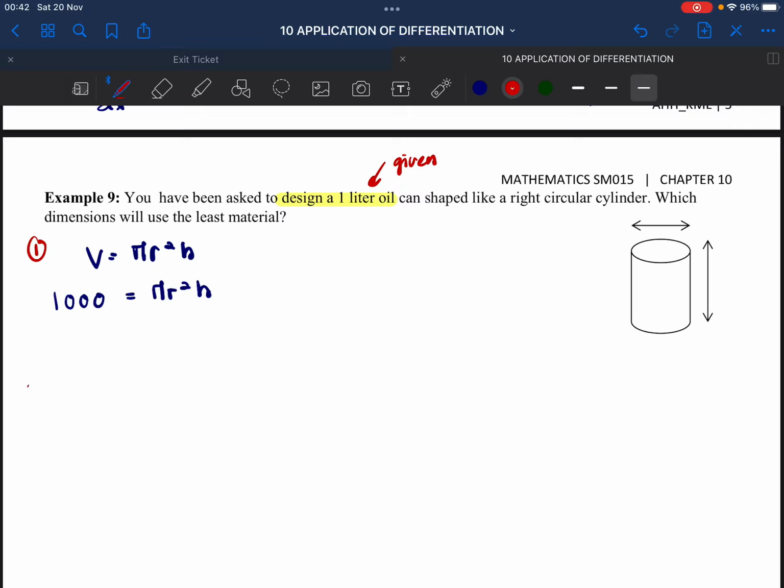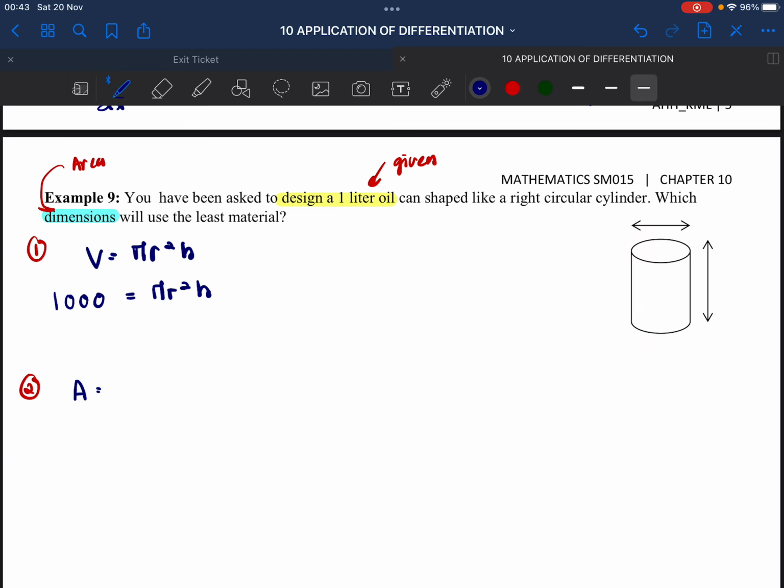So second step is you want to find which dimension will use the least material. So when the question said about dimension, the question wants something about area. So what is the area for our cylinder? Untuk tahu area cylinder, ada 2 circle.